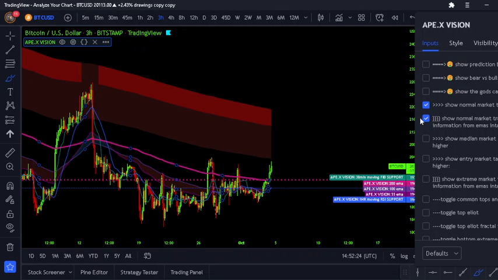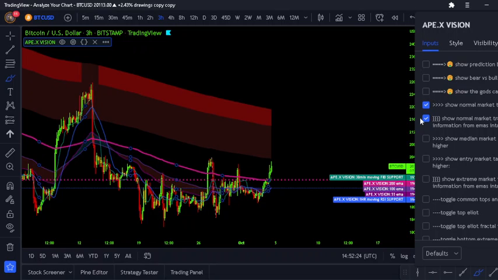Then we have the euphoric, so let's turn this off so you don't get distracted. So then we have a euphoric range. And you can use the fibs and the EMAs all at the same time. As you can see here, we're staying centered, so all the information that you need to know is displayed on the chart, not too much information.